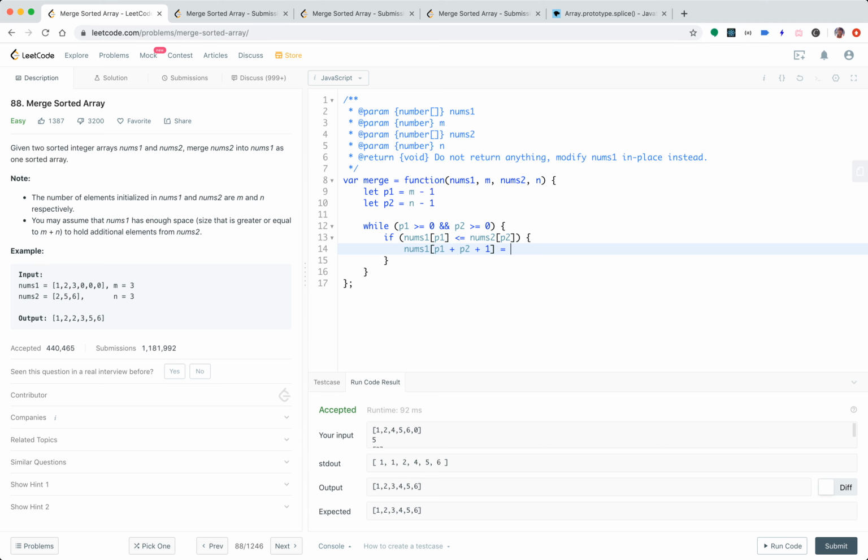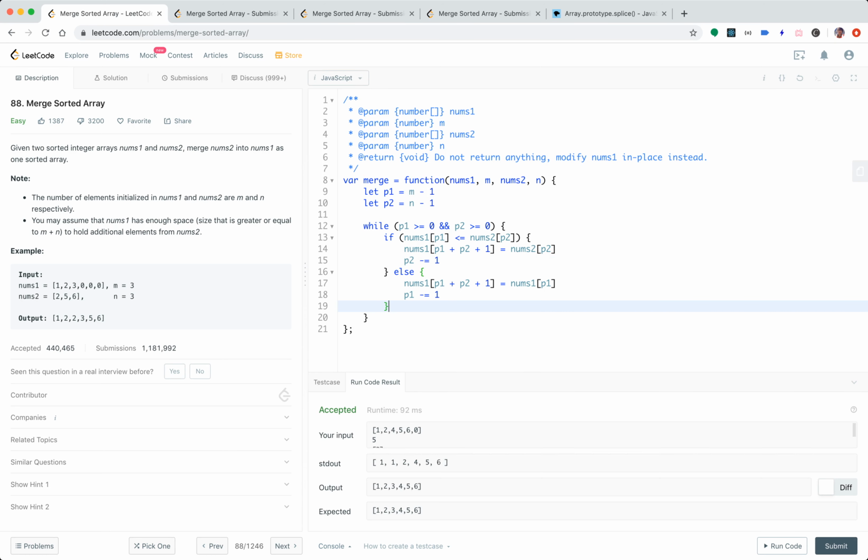It should be nums2 p2, else p2 minus equals 1. On the other hand, it should be p1, nums1, p minus 1, p2, p minus 1.